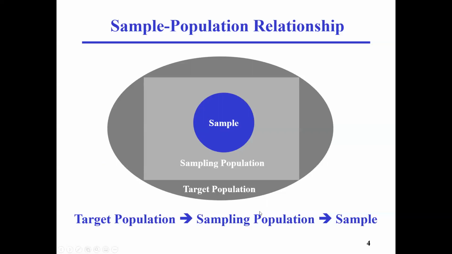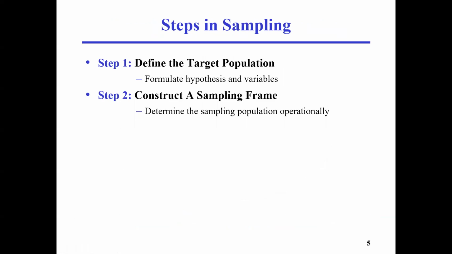So you have to define target population first and use some boundaries or some conditions to filter out a part of the target population and to find out the sampling population. And from sampling population, you collect some observations, and these observations together form the sample you are going to use in your research. Okay, so this is the idea here.